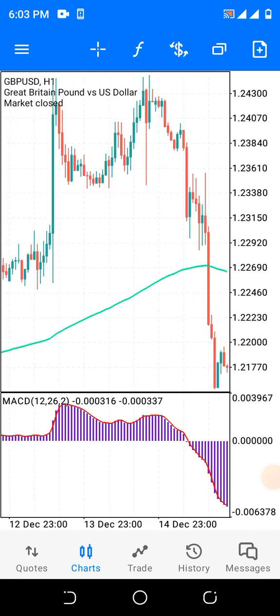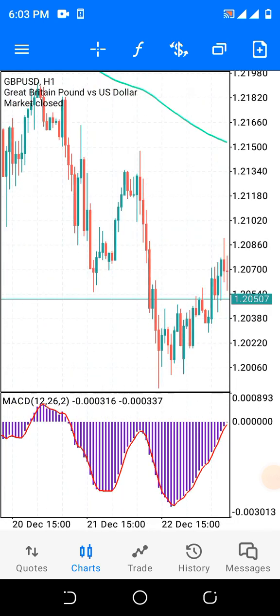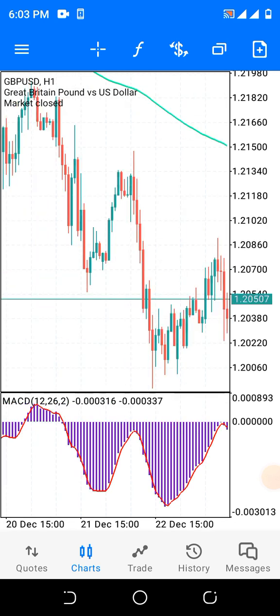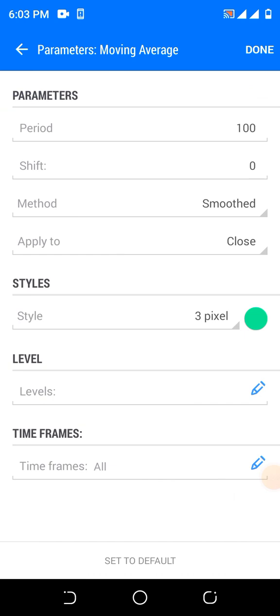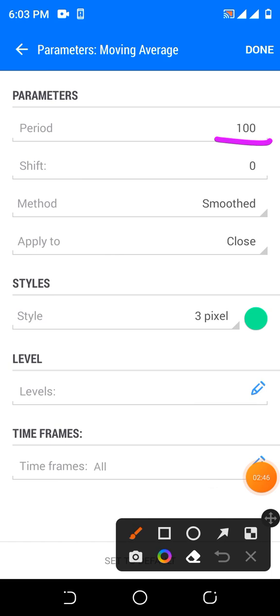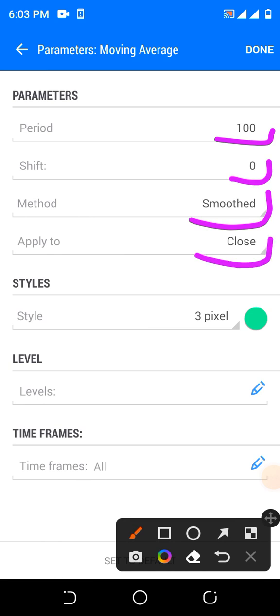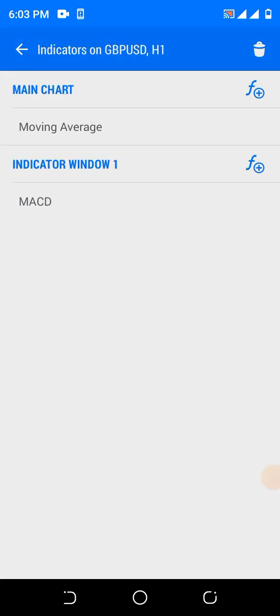So these are the parameters for the indicators. The moving average: the period is 100, the shift is 0, the method is smoothed, apply to close. So that's all about the moving average.